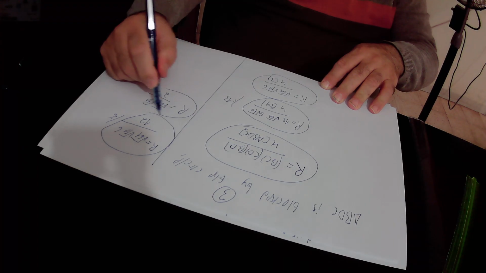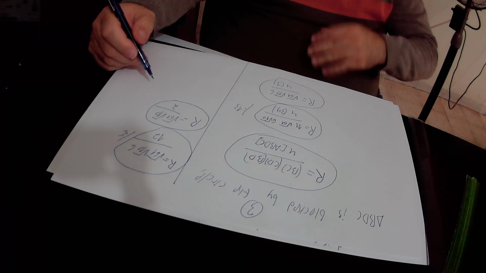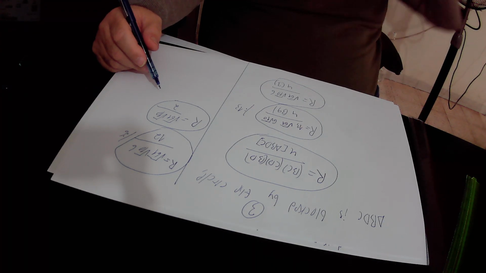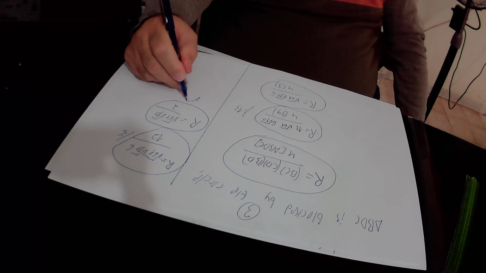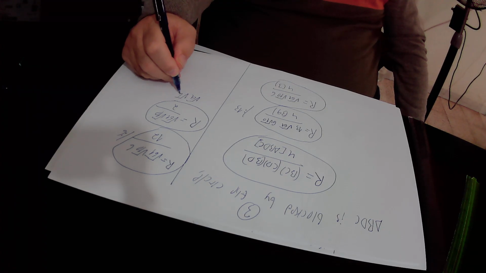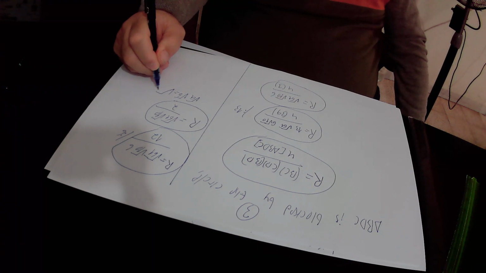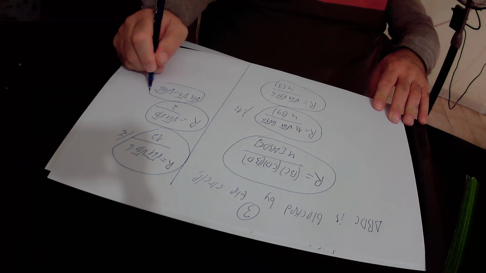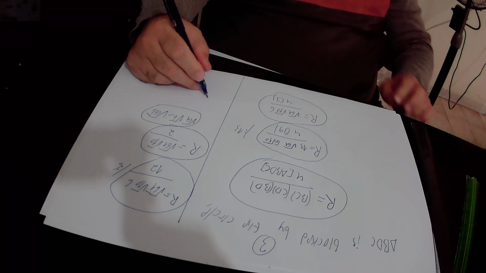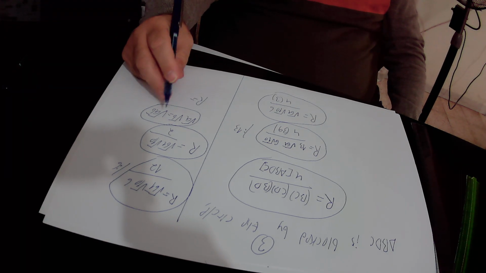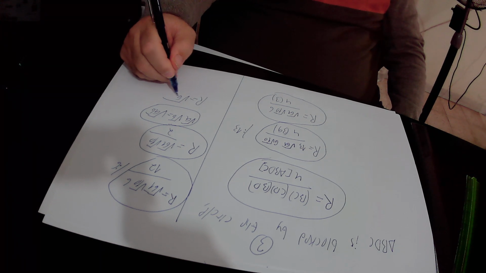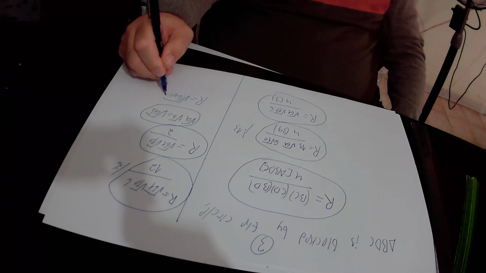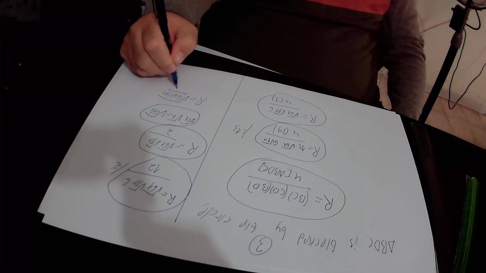Okay, so the radius of the circle equals the square root of 61 times the square root of 10 over 2. Here we use the algebraic identity that states that the square root of a times the square root of b equals the square root of a times b. According to this identity, the square root of 61 times the square root of 10 is equal to the square root of 61 times 10, all divided by 2.